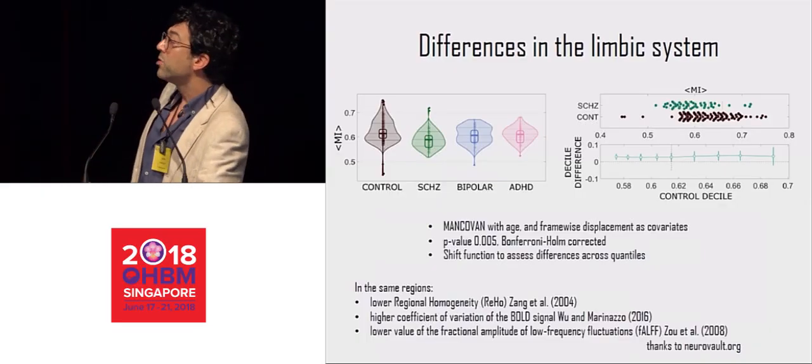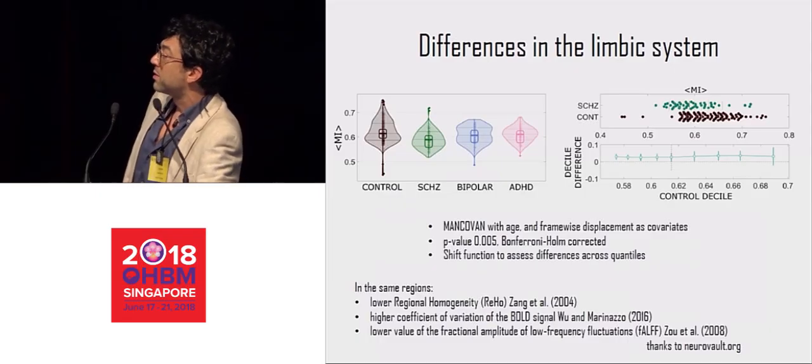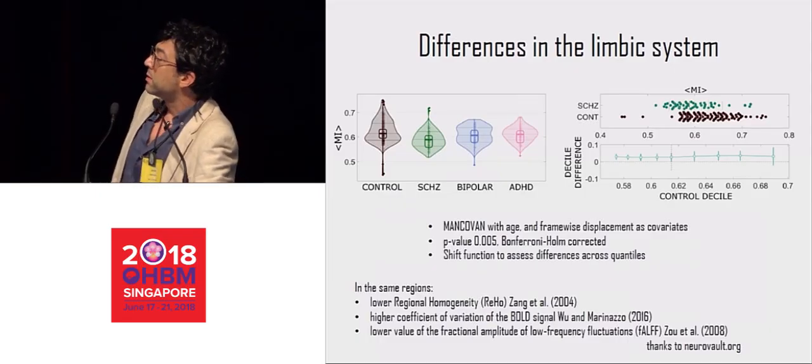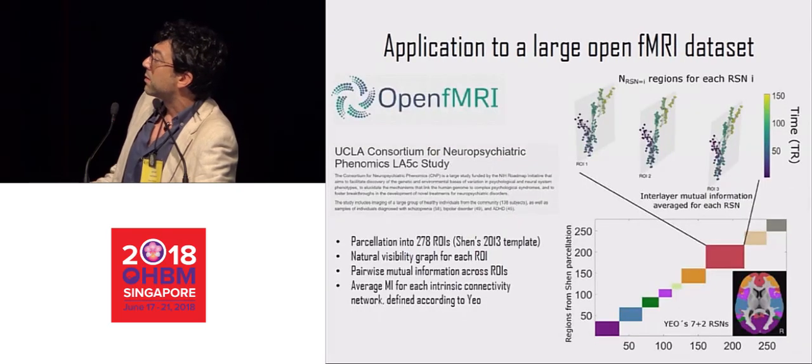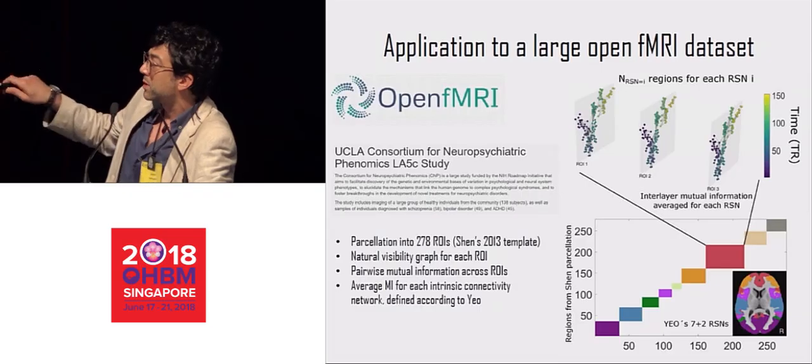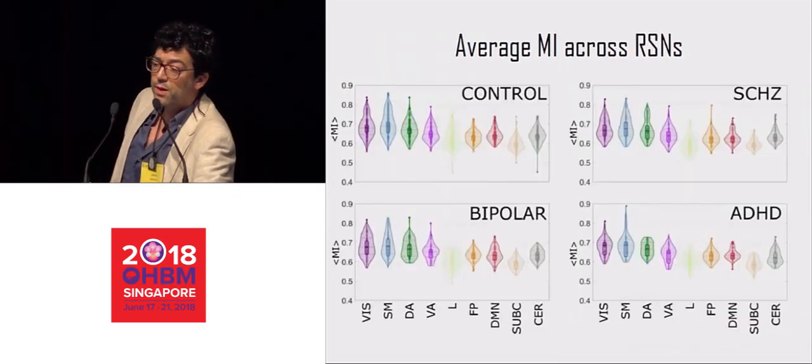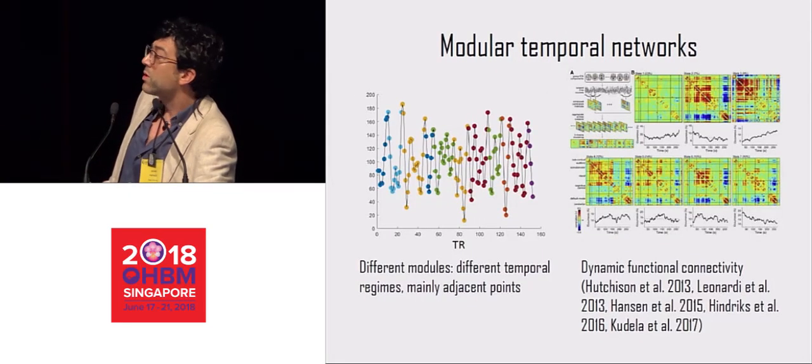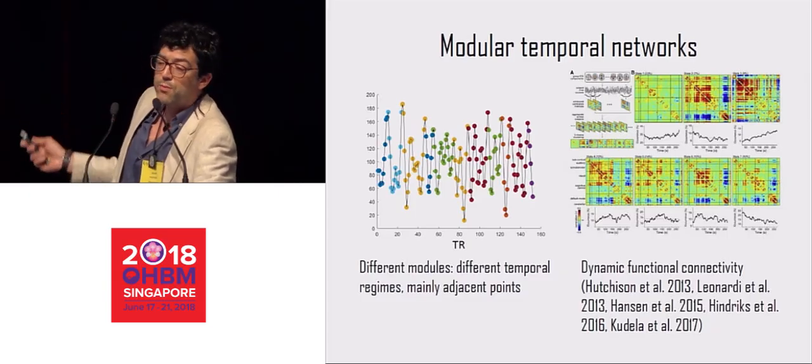Now, if you remember from the previous figure, the visibility graphs are modular, which means they exhibit the presence of subnetworks. When we have modules in temporal networks, they speak to different temporal regimes.